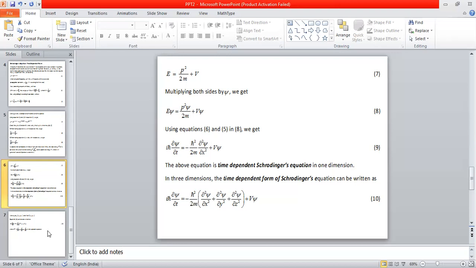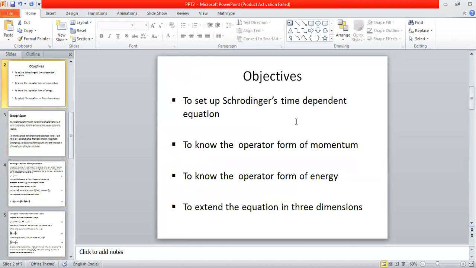So our objective is fulfilled now. We wanted to set up the Schrodinger time-dependent equation and extend it to 3 dimensions, and we did it, just by making use of the classical wave equation. Using the classical wave equation and making certain modifications as per the de Broglie wavelength expression and Planck's quantum theory, we are able to set up Schrodinger's time-dependent equation in one dimension as well as 3 dimensions. Also, physical observables are operators in quantum mechanics.